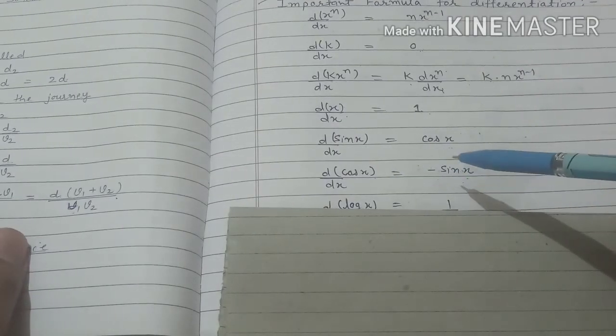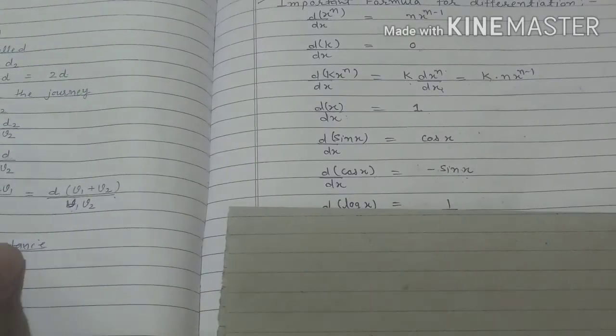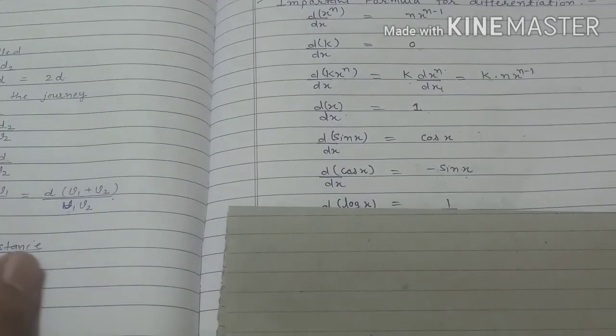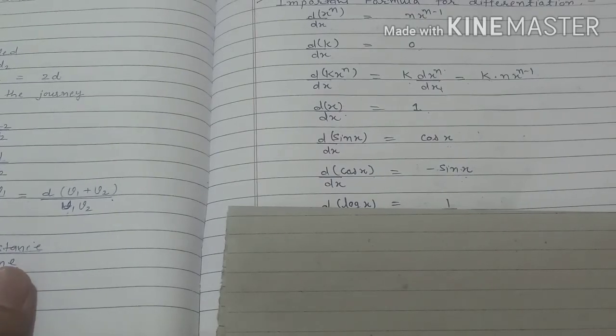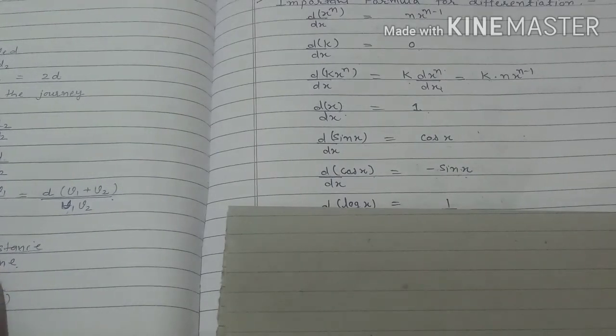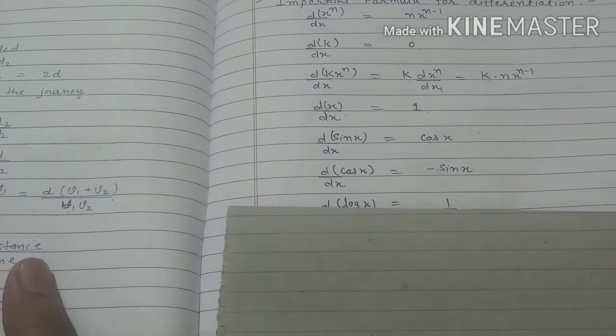This is also very important, and these formulas are very, very important for our further classes and for today's questions. First read and learn these formulas, and then try to solve the next questions.